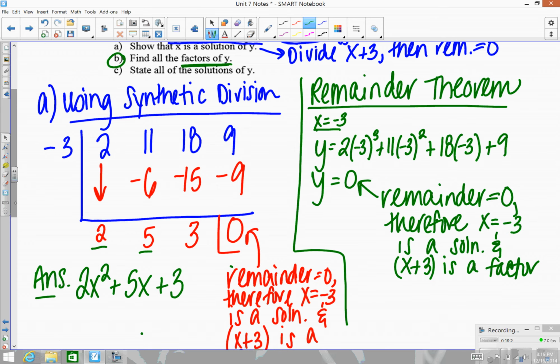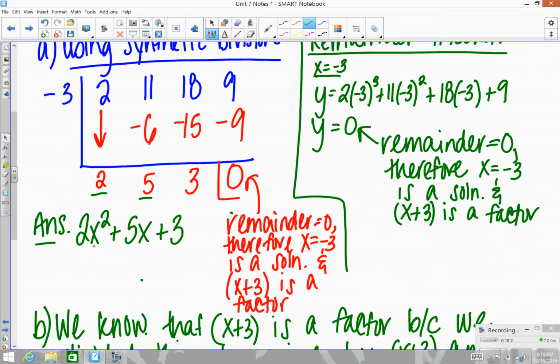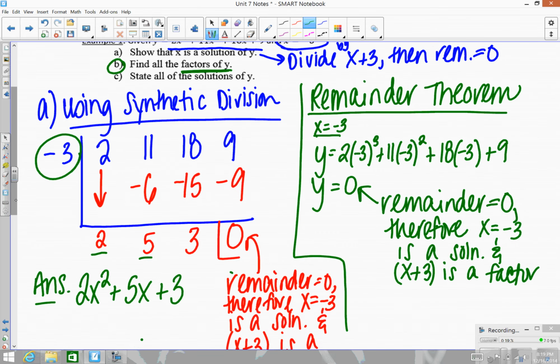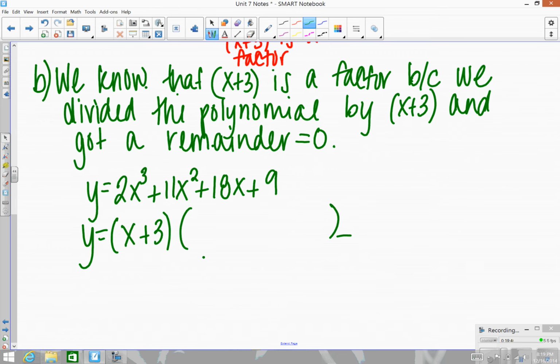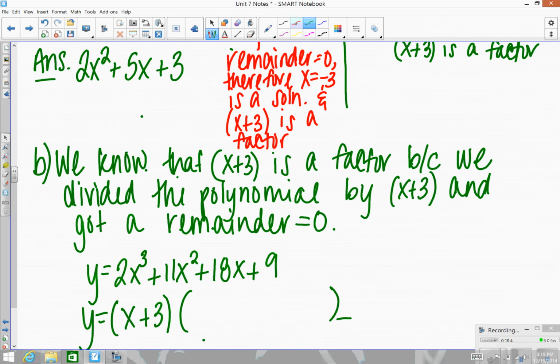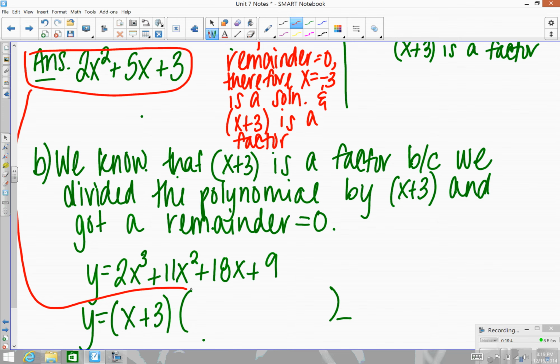So what that really means is 2x squared plus 5x plus 3 times x plus 3, since I divided by x plus 3, is equal to the original. Since x plus 3 was one of the factors, my remaining factor is 2x squared plus 5x plus 3.